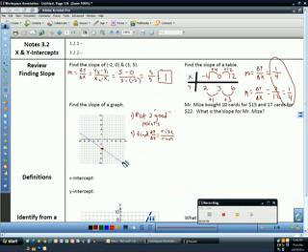So if you do the rise and the run, you get a vertical rise, and then you get a horizontal run. Your vertical rise is 1, 2, 3, 4, 5, 6. So that is 6.